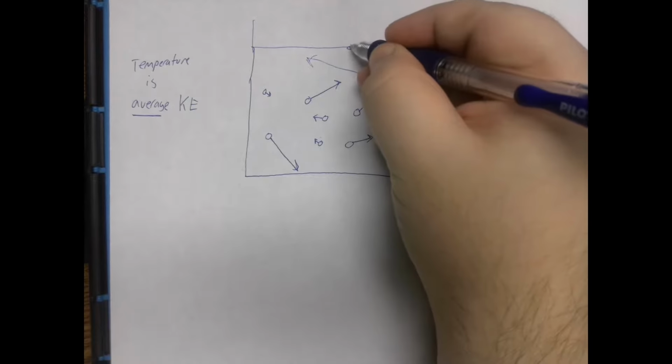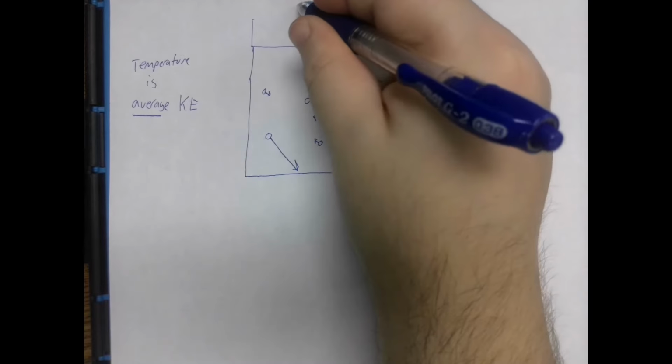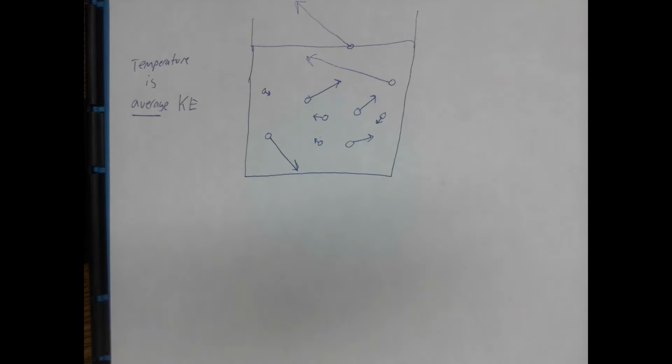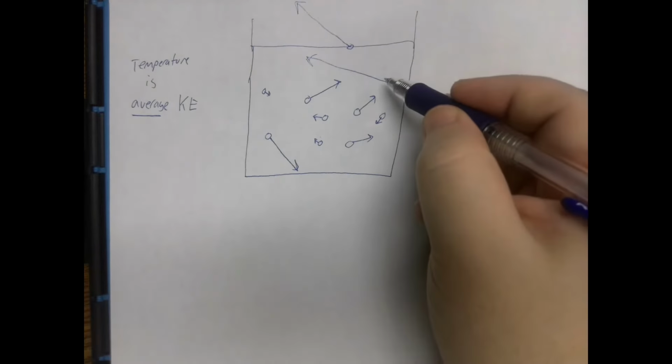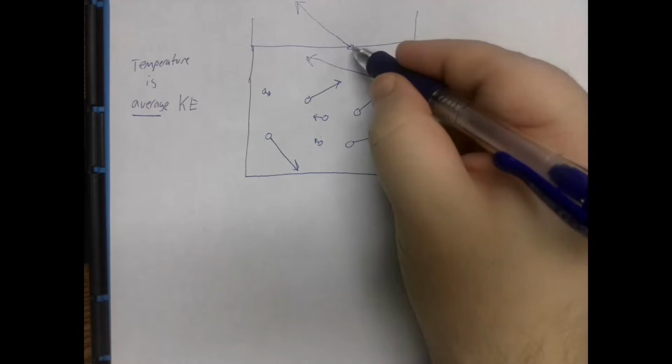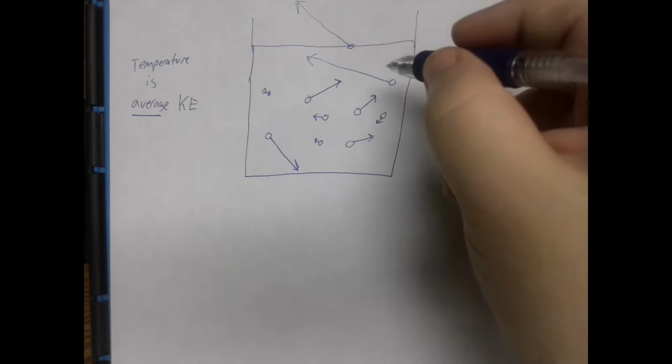Occasionally, a particle will get to the very top and have enough speed to escape the liquid. Like if you have a glass of water, one of the particles has enough kinetic energy to escape.